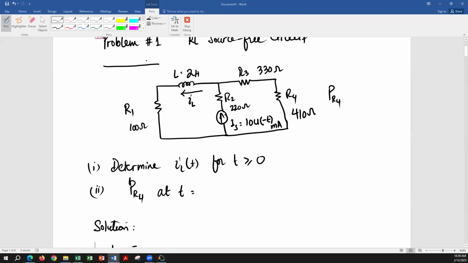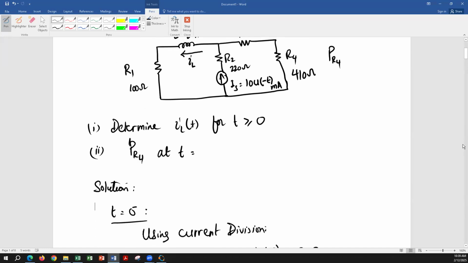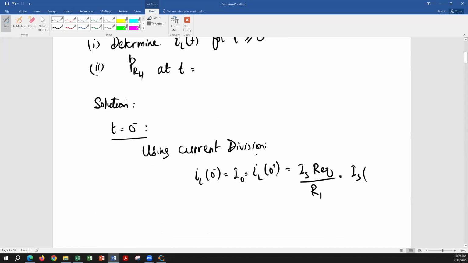In this case, the parallel branches are these two branches, divided by that resistor value. So R2 does not really matter because the same current is flowing through R2, which is going to this node and splitting between these two parallel branches. So you don't bring R2 into the equation. Divided by R1.